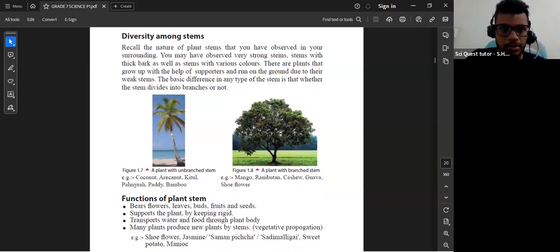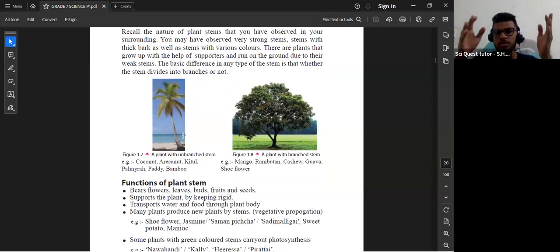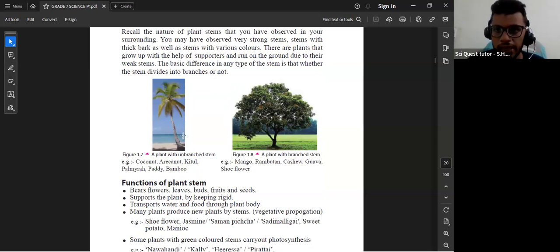So let's look at some examples. This is a coconut tree. The stems grow very tall, but they are not that strong, isn't it?